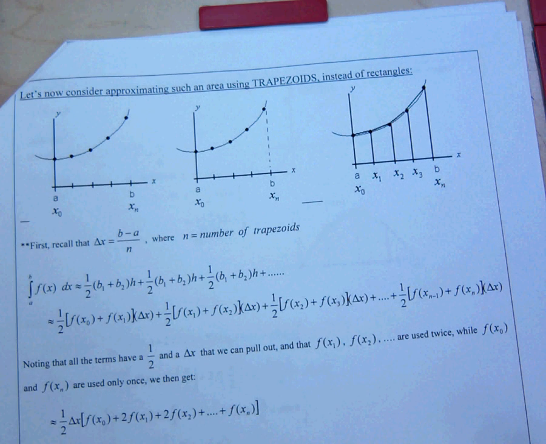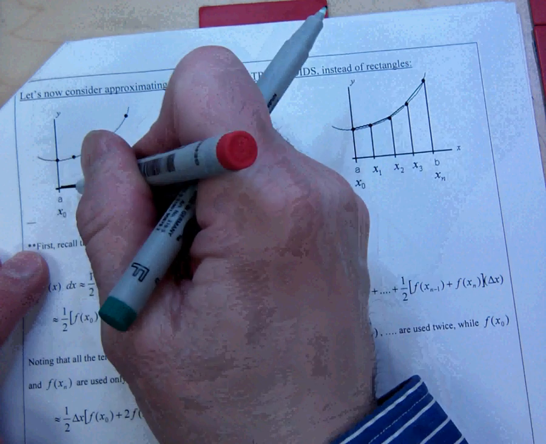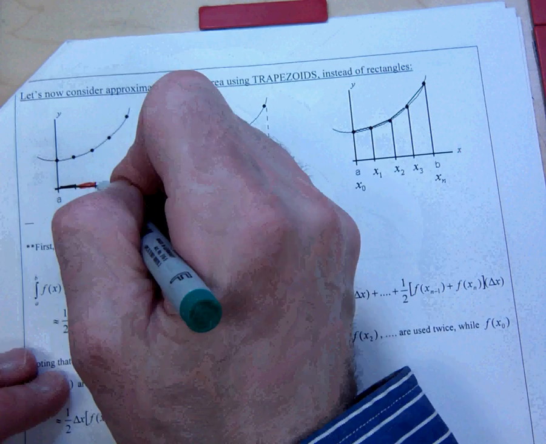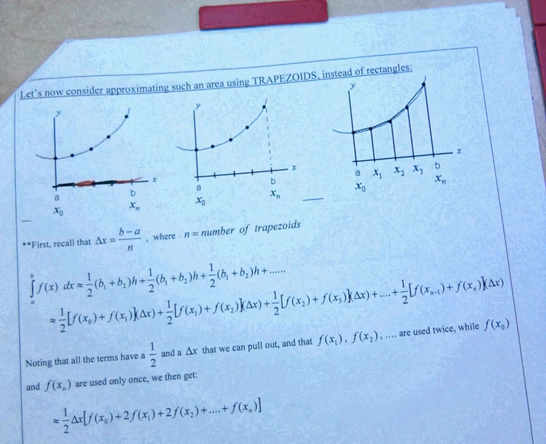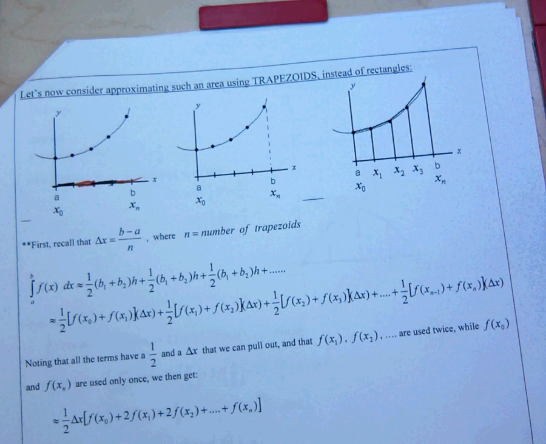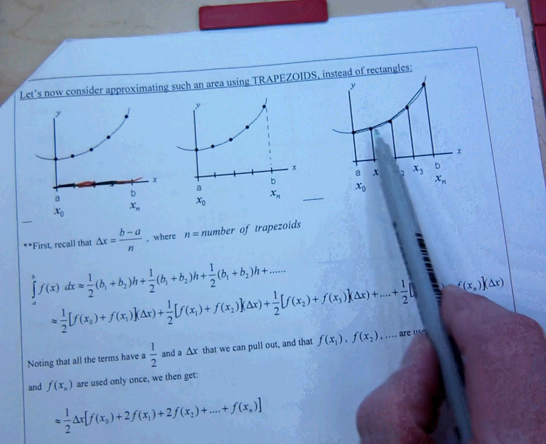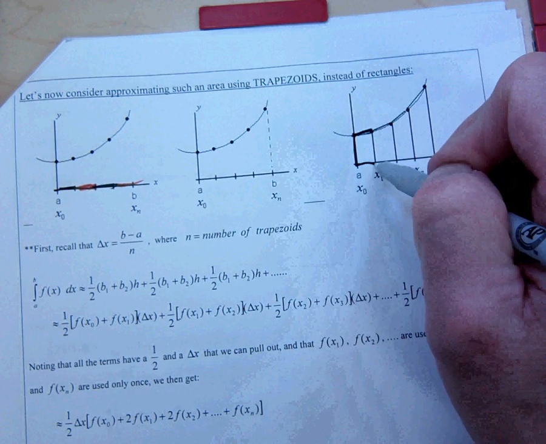So again, everybody understand what I did? There's my first subinterval. There's my second subinterval. There's my third subinterval. So I'm using 4 subintervals. Are you with me? Okay. And so instead of drawing rectangles on those subintervals, what did I do here? I connected these y values, and that gave me a trapezoid. Isn't that a trapezoid?